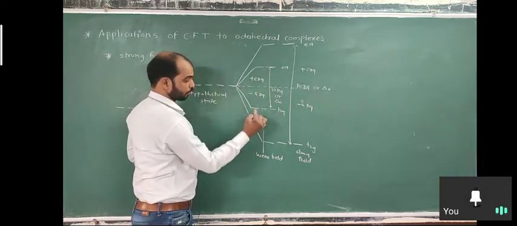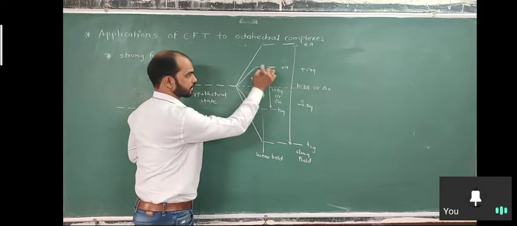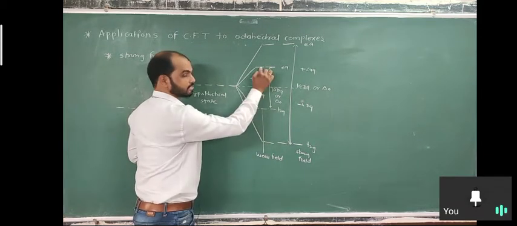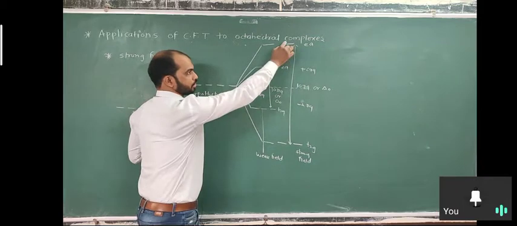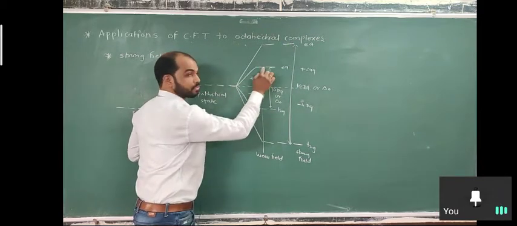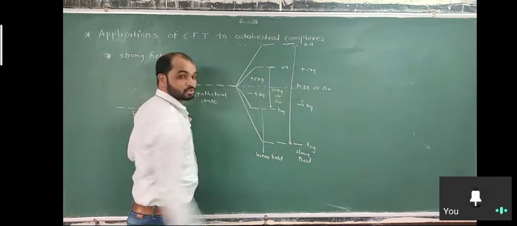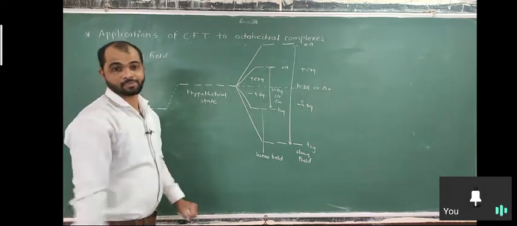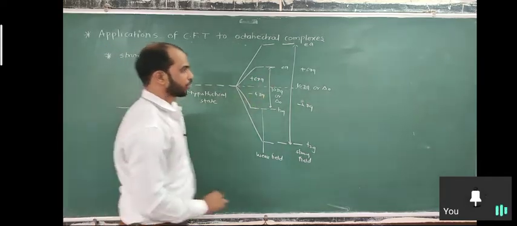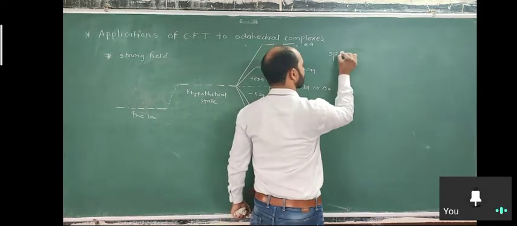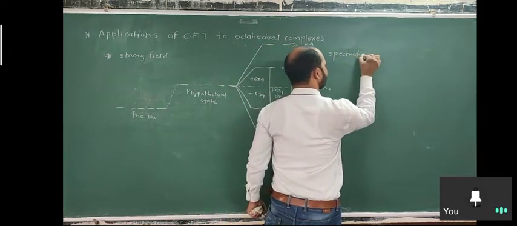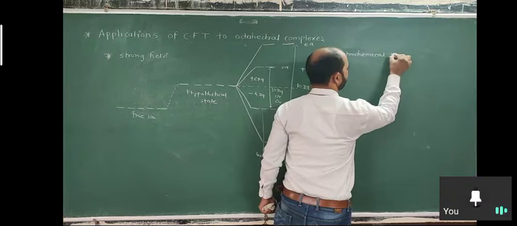Suppose you want to promote an electron from the ground level to the excited level: here less energy is required, here more energy will be required. So here less absorption, here more absorption. Using the absorption data, the ligands are arranged in what is called the spectrochemical series. We will discuss it later in the chapter.